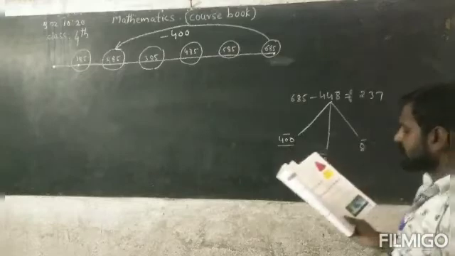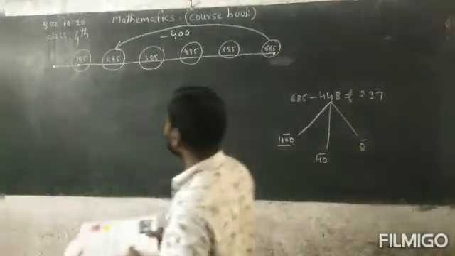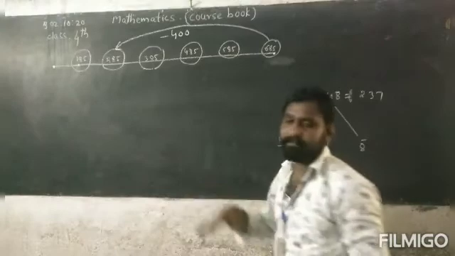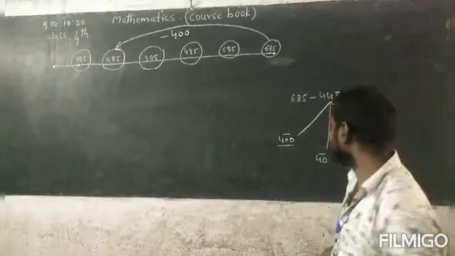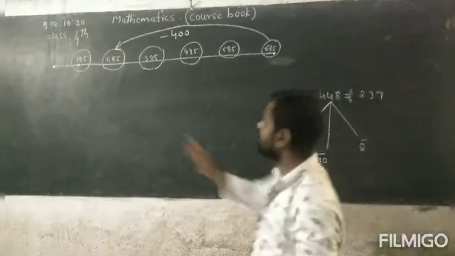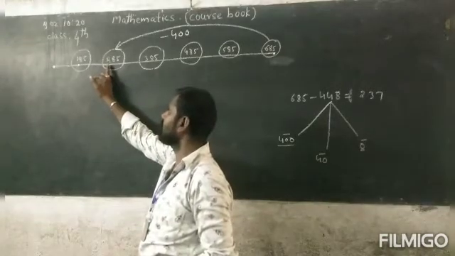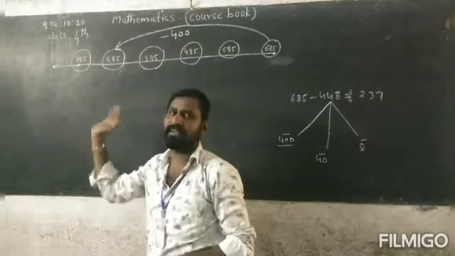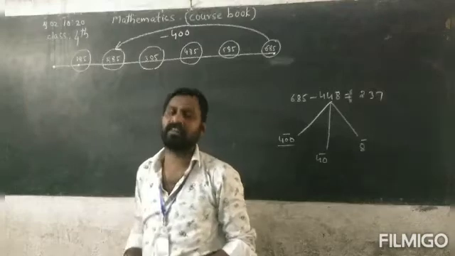So next you can write, hundreds is completed, no? Now next, tens. Tens means you can write from 285, 275, 265 like that only.